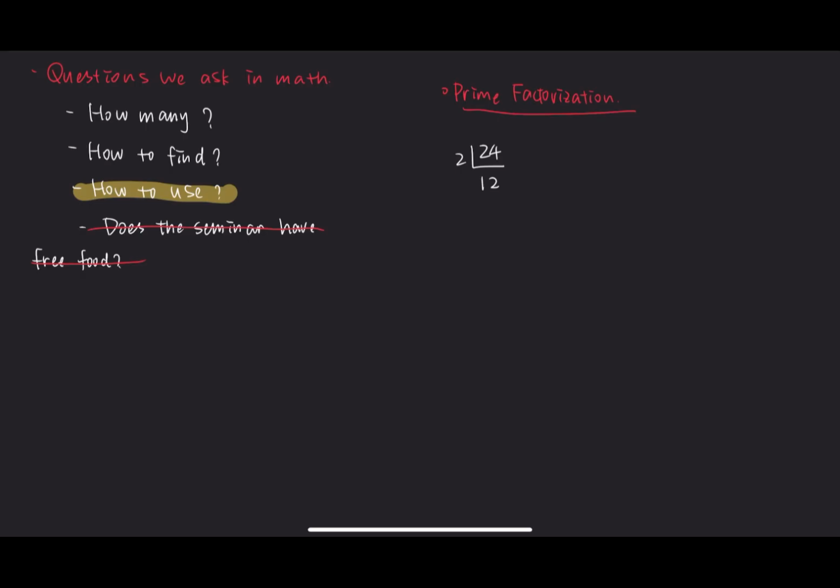So we have 24 divided by 2 and it becomes 12. Then we say that, well, 12 is divisible by 2 also, and we have 6. We write 6 here. And 6 we can easily decompose into the product of 2 primes, which is 2 and 3. So we write 24 as 2 times 2 times 2 times 3, which is 2 cubed times 3, which is the prime factorization of 24.